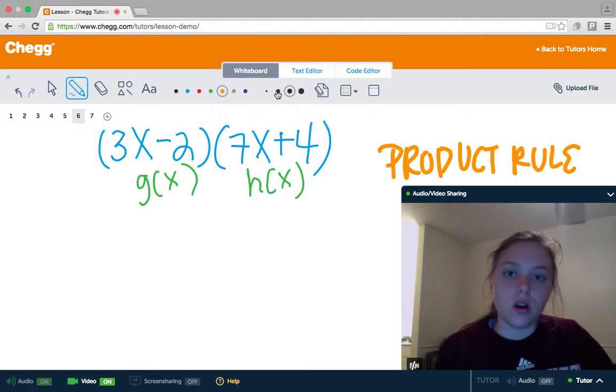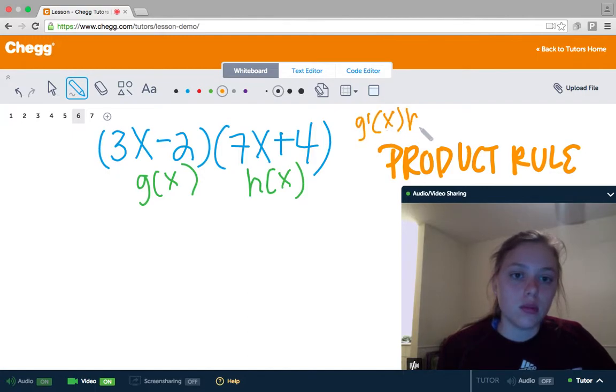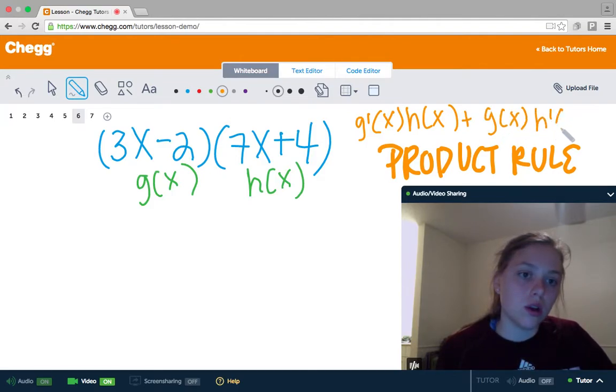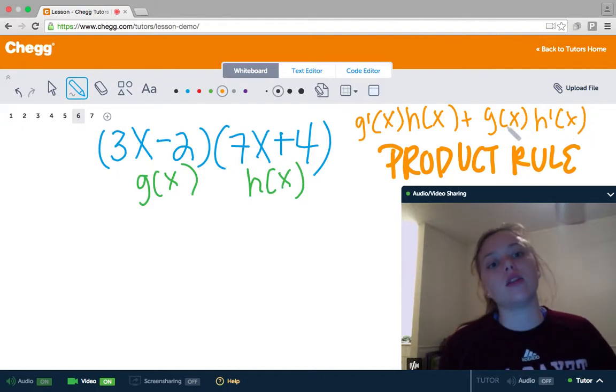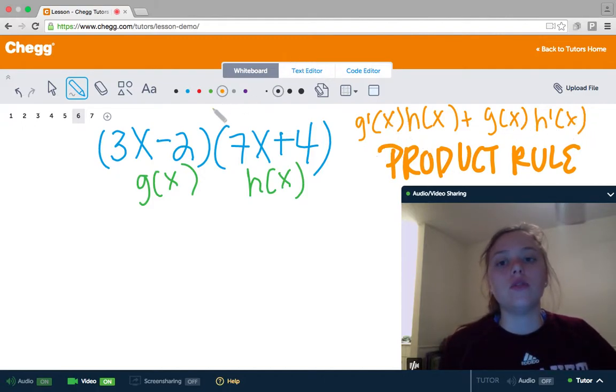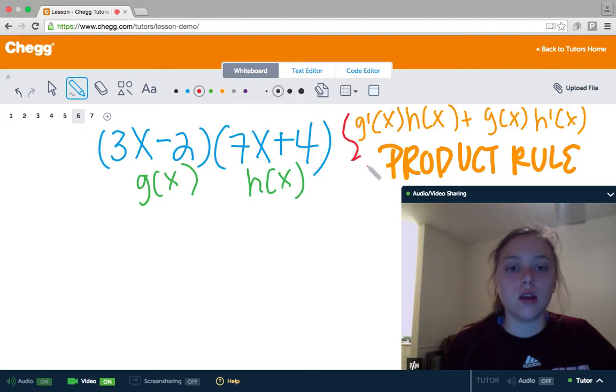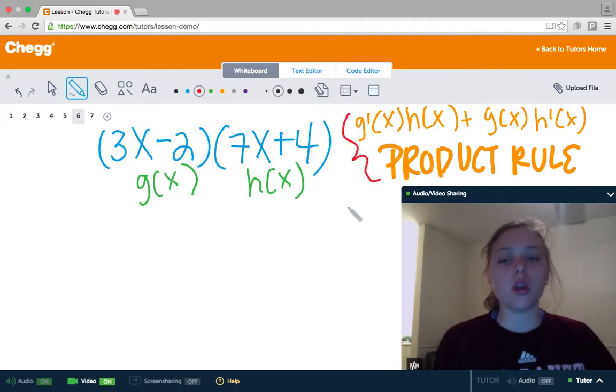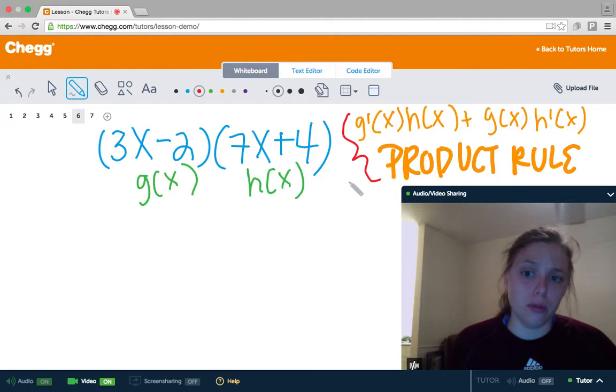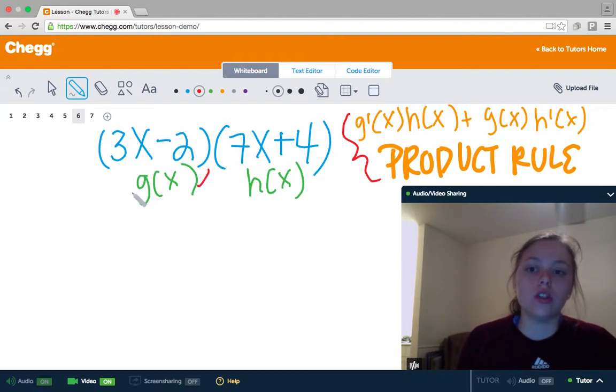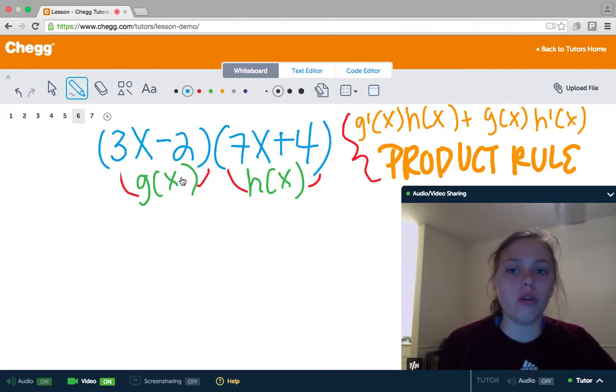So if you recall, the product rule is going to be g prime of x times h of x plus g of x times h prime of x. And that is going to be the derivative of two terms being multiplied together. So how are we going to apply this? Well, we're calling this g of x and we're calling this h of x. So let's just go ahead and follow the rule.